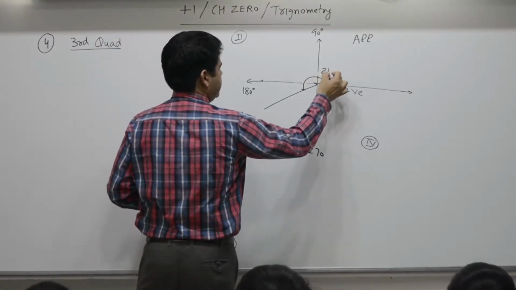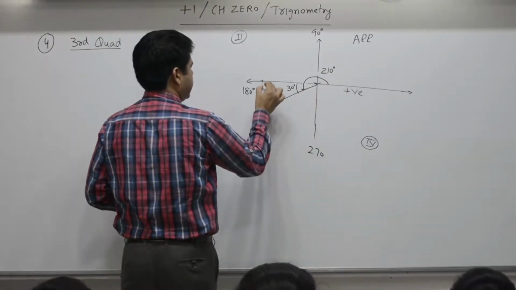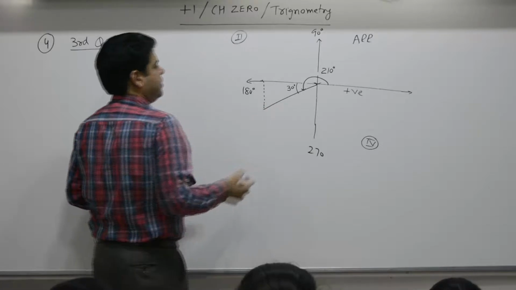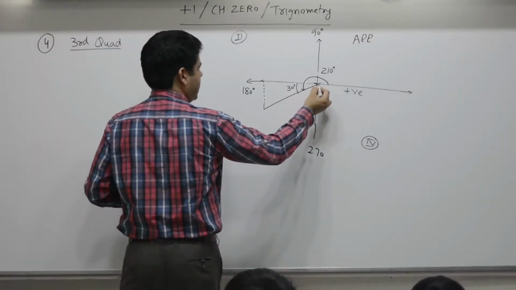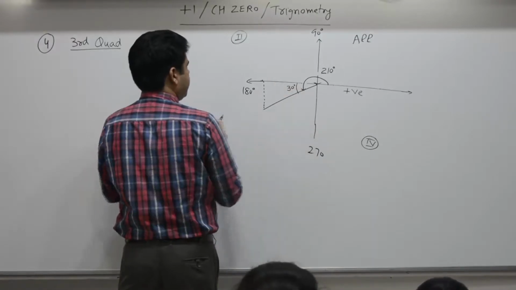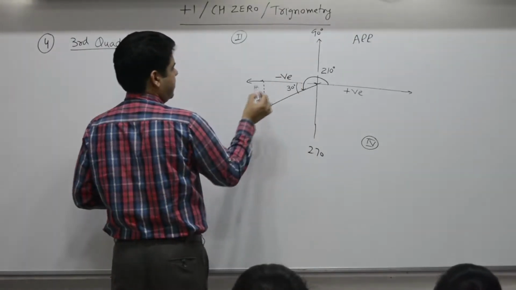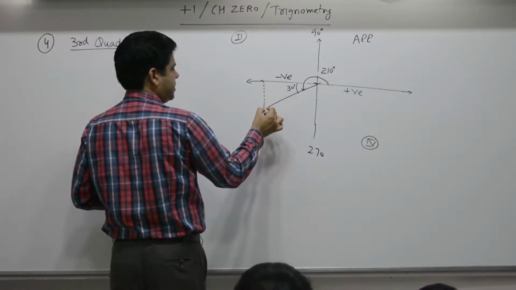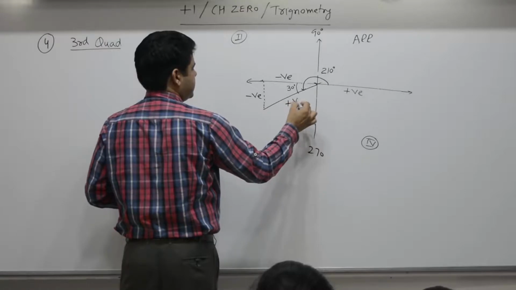Angle is 210. That means this angle is how much? 30 degrees. To the left of this is what? Negative or positive? Negative. Downwards, negative. This is always positive.